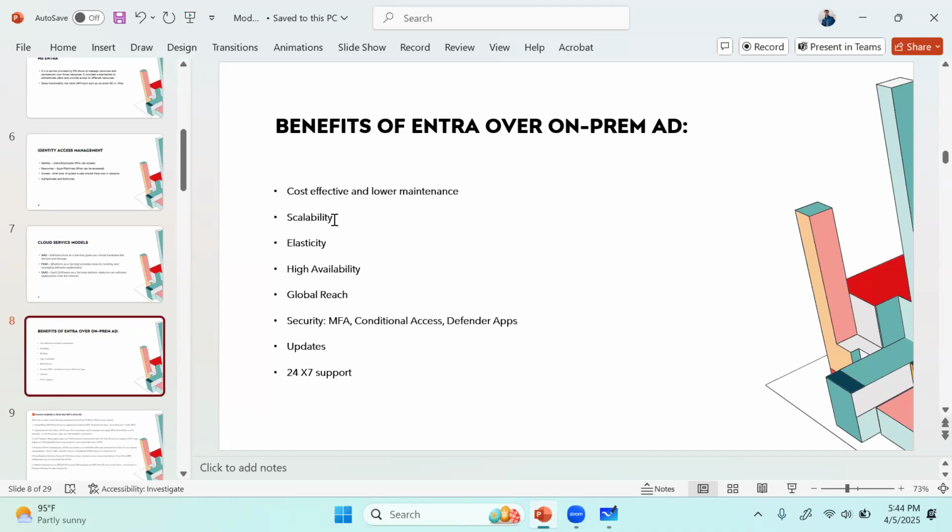Scalability. Let's say you start your organization with 10 users, but over a couple of years, those 10 users are now 1,000 users. You thought earlier that you would be starting with 10 users, but over a couple of years you would have 100 or 200 users. So you planned in advance, okay, let's have some servers, some space, some infrastructure which would be more than enough to handle 200 or 300 users. That would be good. But you grew well and now you have 1,000 users in your organization.